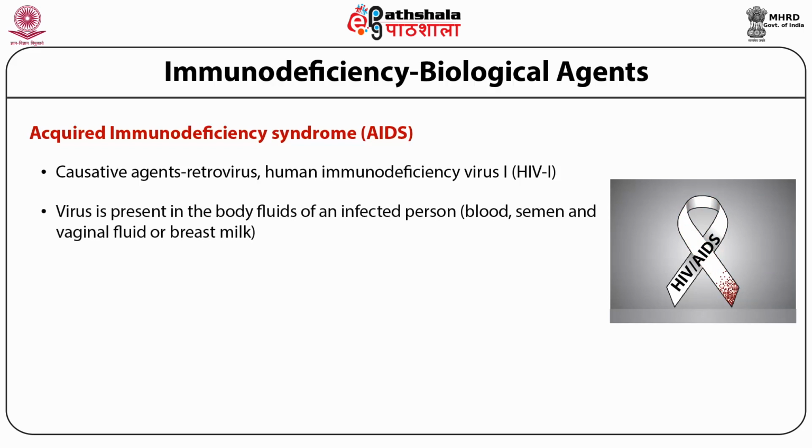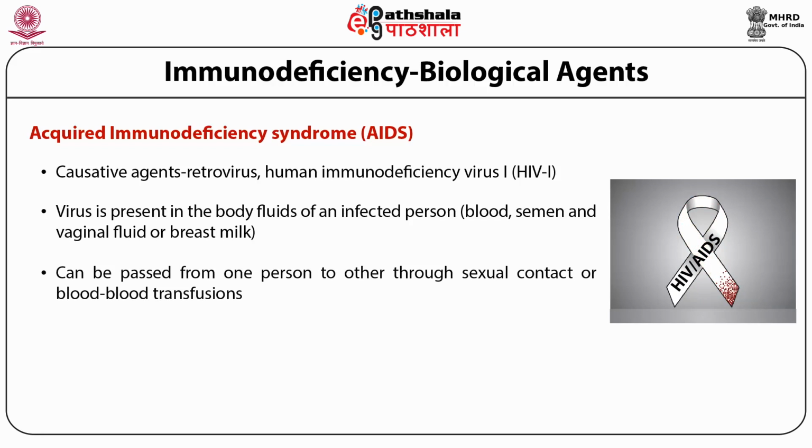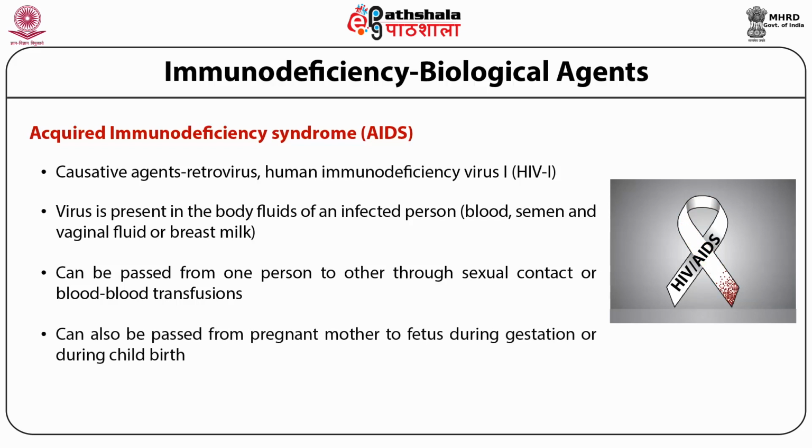The virus is predominantly present in the body fluids of an infected person, could be blood, semen, vaginal fluid or breast milk, and can be passed from one person to another through sexual contact or blood transfusion. Additionally, the virus can also be passed from a pregnant mother to the fetus during gestation or during childbirth.